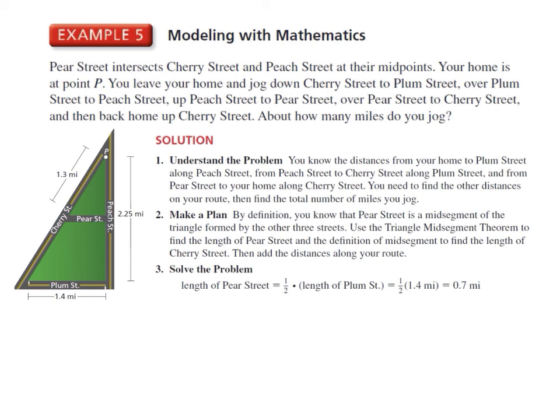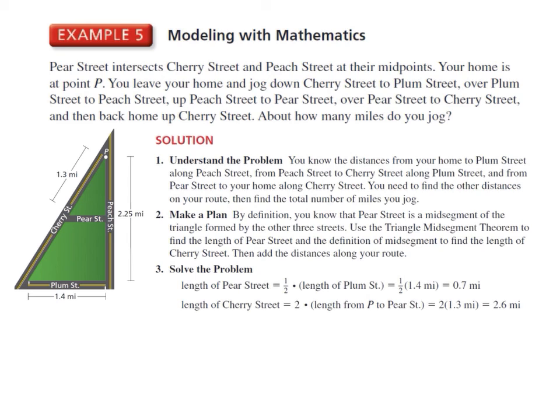All right, so first step we have to solve the problem. The length of Pear Street is half the length of Plum Street, because Pear Street represents our midsegment. So if Plum Street is 1.4 miles, then half of 1.4 miles is 0.7 miles. So the length of Pear Street is 0.7 miles.